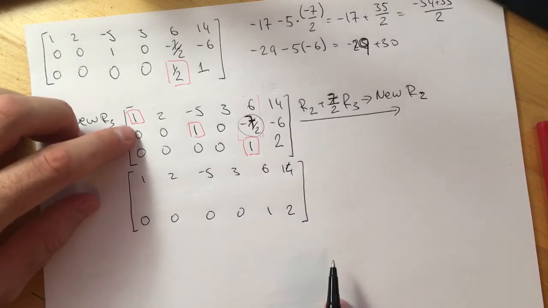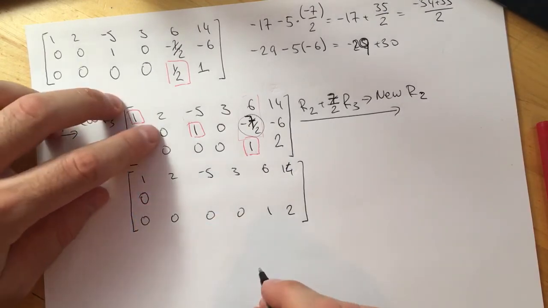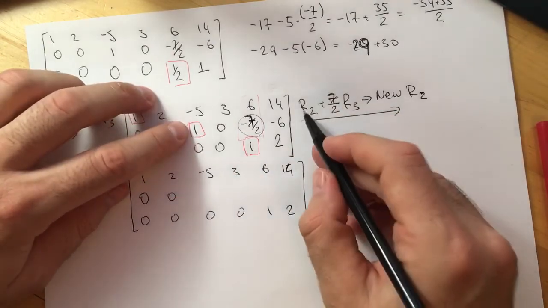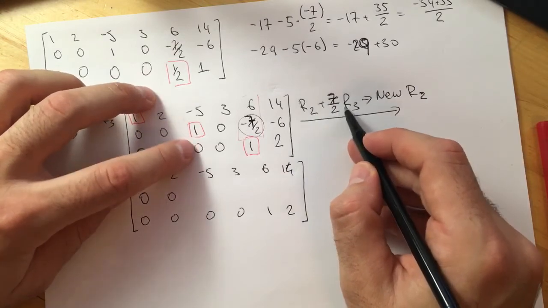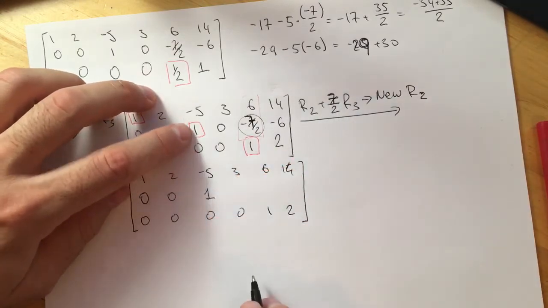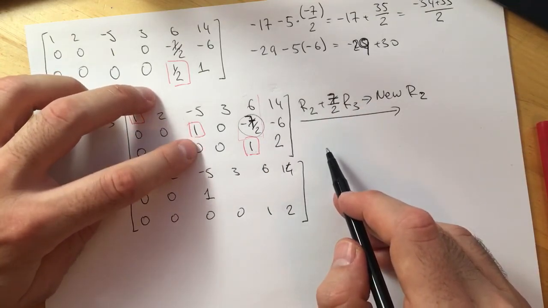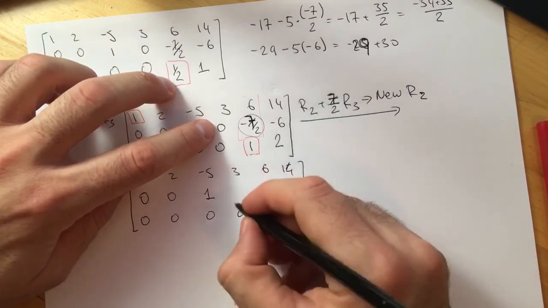And then let's say 0 plus anything times 0 is 0. 0 plus 7 over 2 times 0 is 0, so 0. 1 plus 7 over 2 times 0 is 0, so 1 plus 0 is 1. And as you can see, using this method, I'm not changing the leading one. That stays as it is. 0 plus 7 over 2 times 0 is 0, so 0.